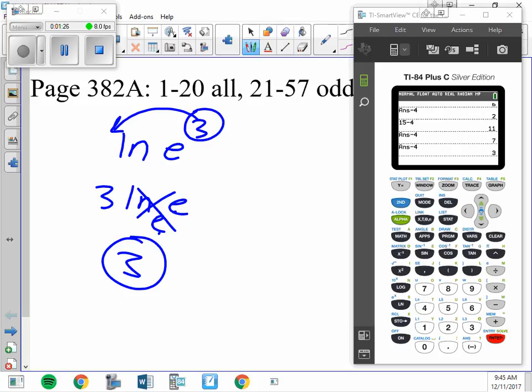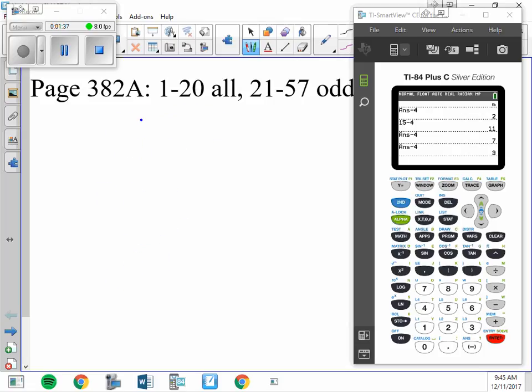Number 10. What is the third root really? It's the 1/3 power. So number 10 is actually log base 5 of 5 to the 1/3, and that 1/3 drops out in front, and then log base 5 of 5 is 1, so the answer is 1/3.